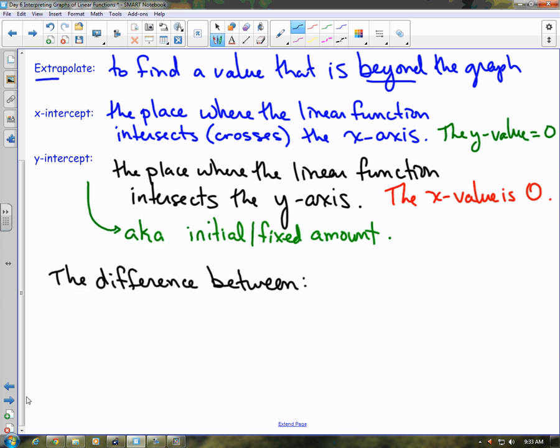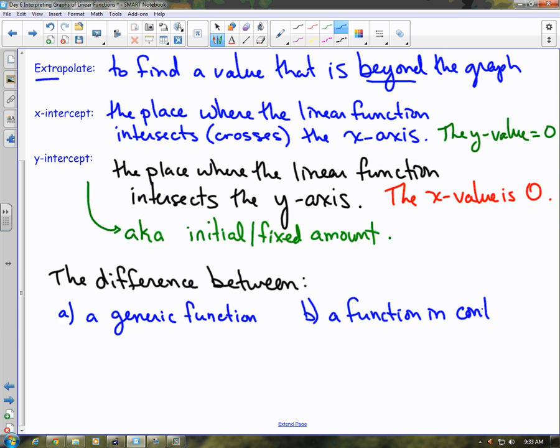Okay, we're going to write two things, and it really is important when we look at interpreting linear functions, or really any kind of functions. In the process of interpreting, we want to know what's the difference between (a) a generic function and (b) a function in context.